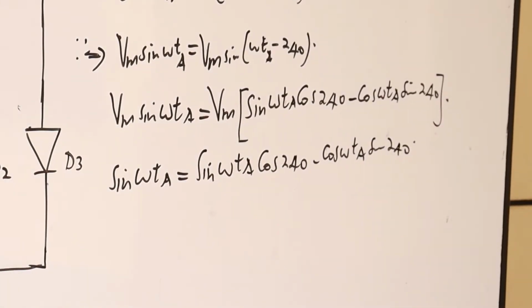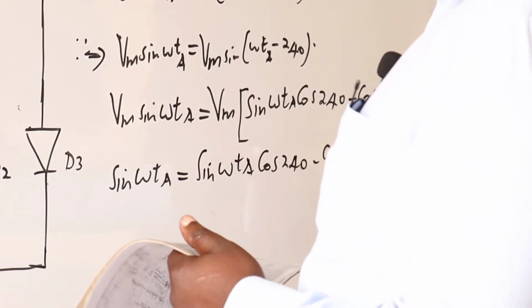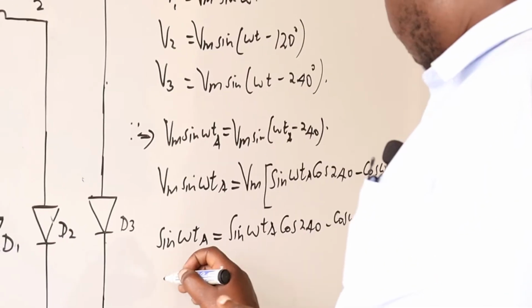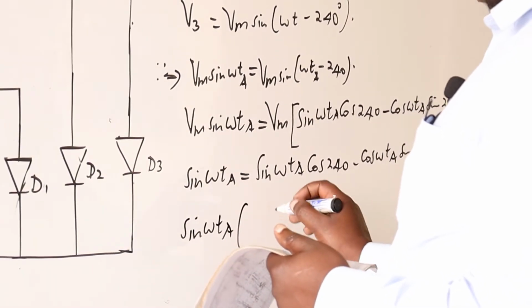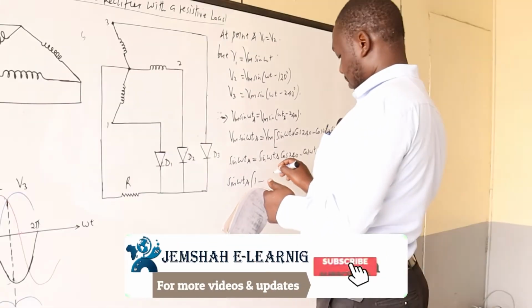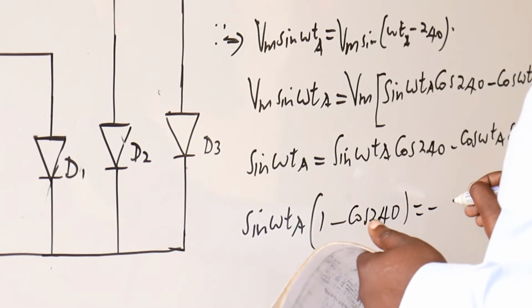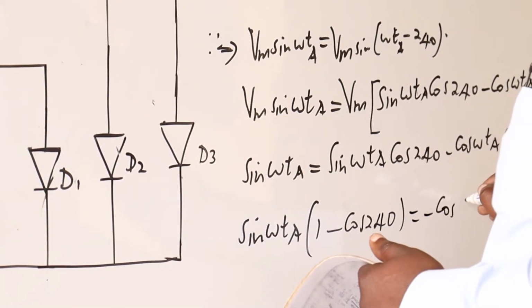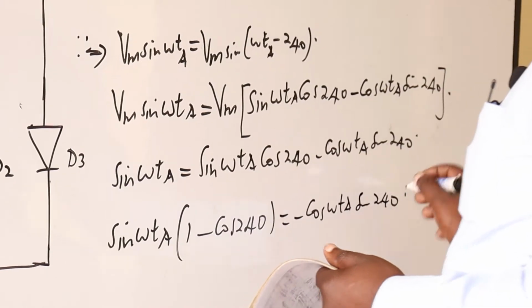So we shall have sine omega t at point A into 1 minus cos 240 equals negative cos omega t at point A sine 240.